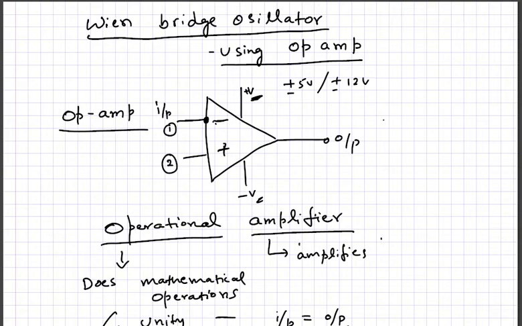So if you feed a, let us say, sine wave like this to the negative, then the output will be amplified but having opposite phase.